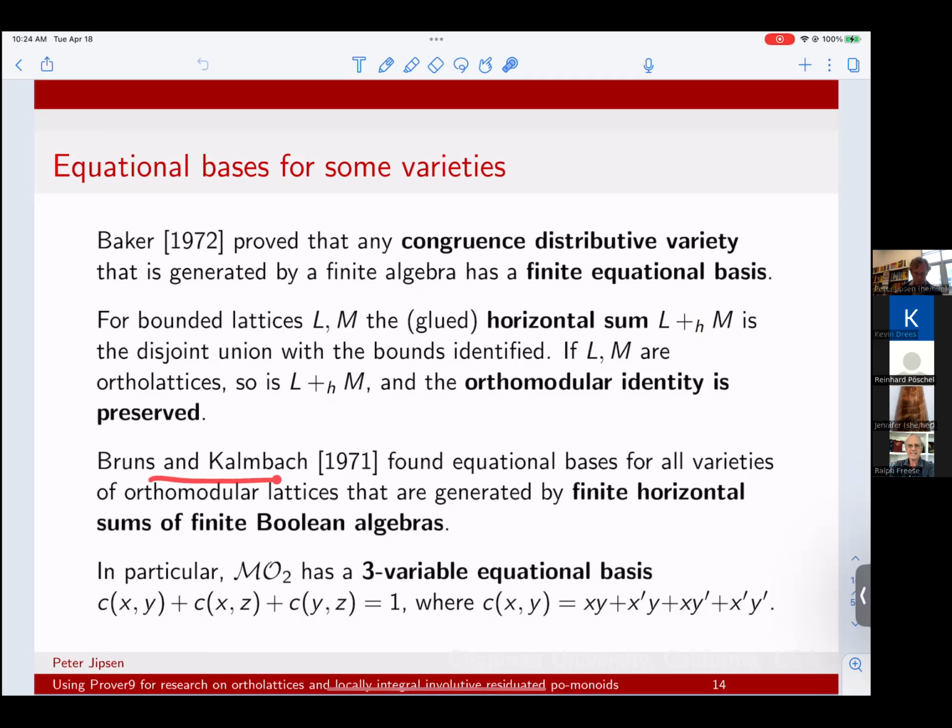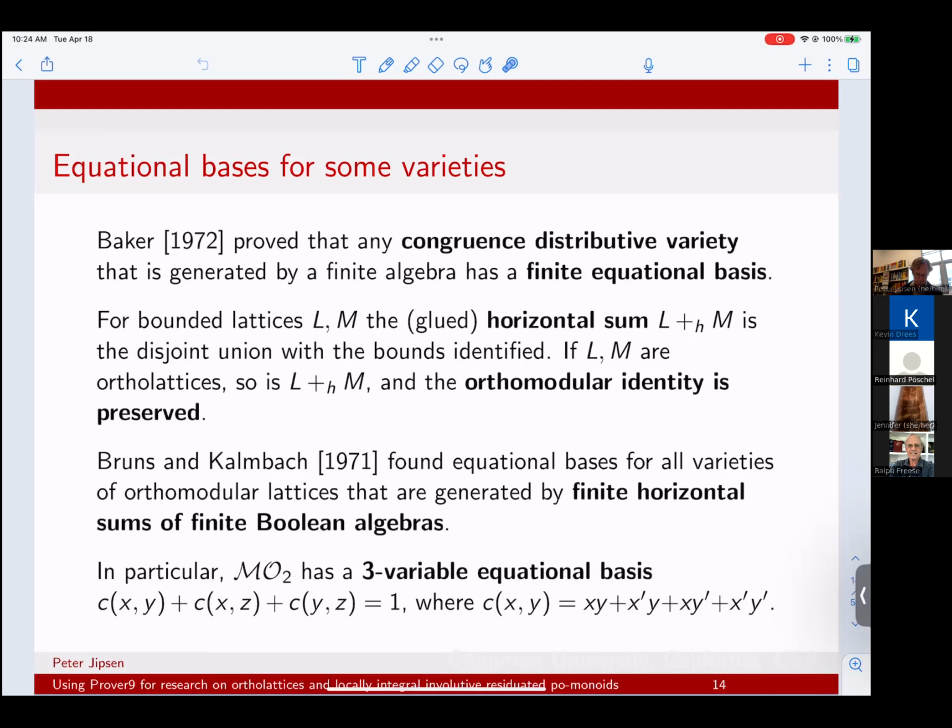And Bruns and Kalmbach proved some things about varieties of orthomodular lattices that are generated by finite horizontal sums of finite Boolean algebras. They gave equational bases for all those. And in particular, that includes an equational basis for MO2.